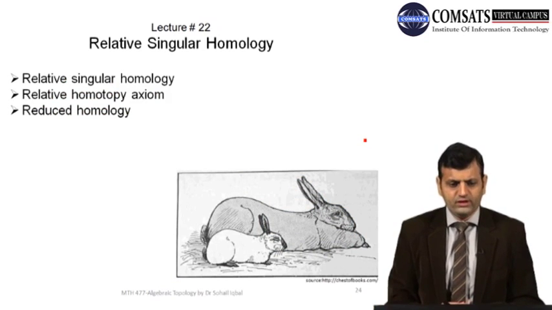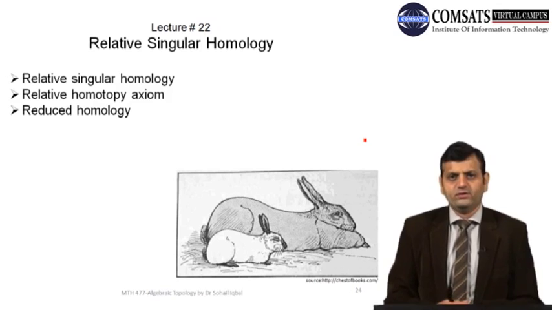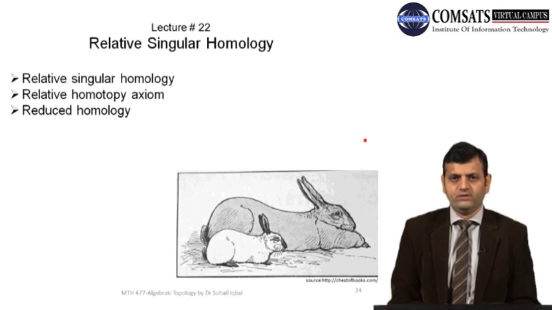In lecture number 22, we discussed relative singular homology, relative homotopy axiom, and reduced homology. Now as you know, if I want to define simplicial homology or singular homology or cellular homology, then I can do it in one definition, or using one page of discussion. But the question is, can I calculate homology using that one page of definition?